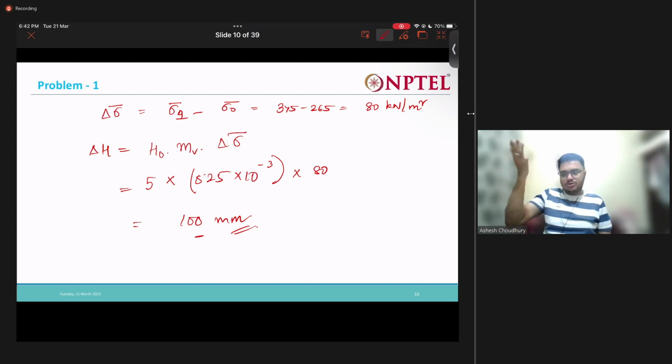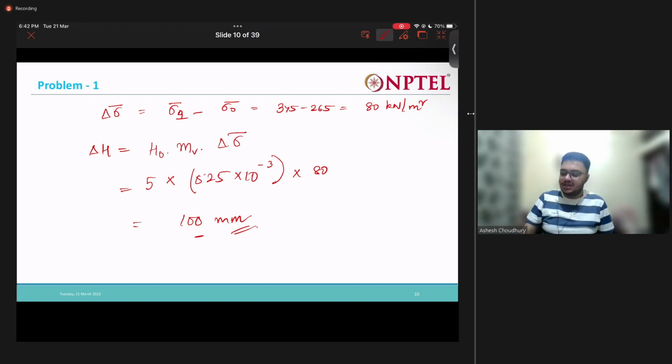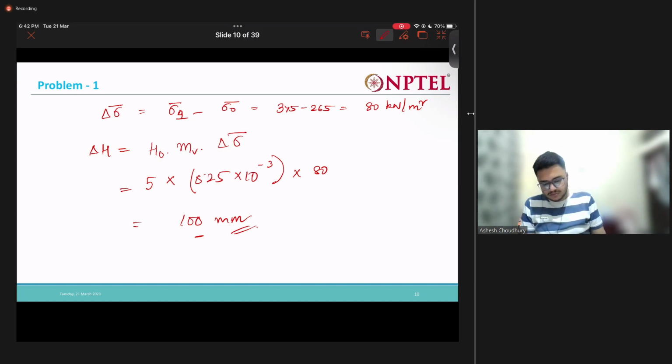So due to the lowering of the water table, what happened? The effective stress increased, and due to this increase in effective stress, there was some consolidation settlement in our clay layer. These problems are actually encountered sometimes.